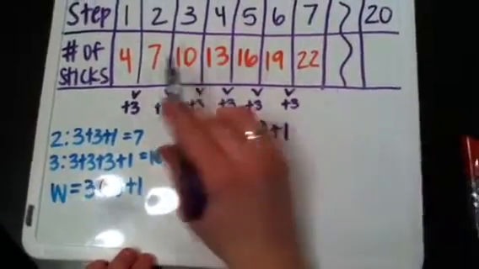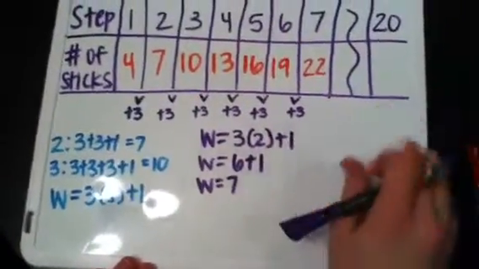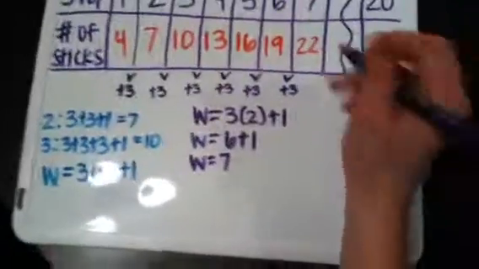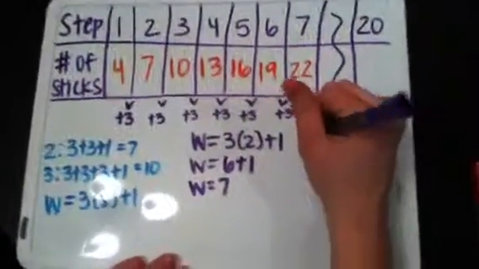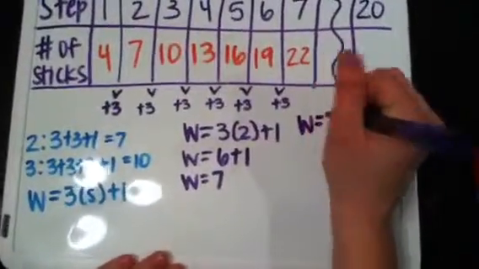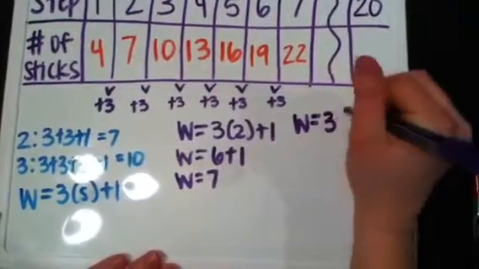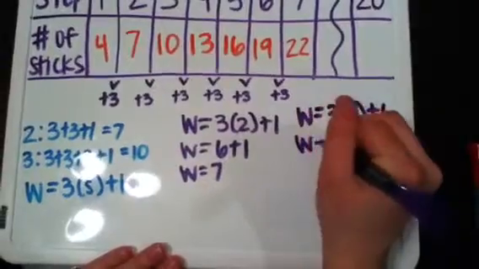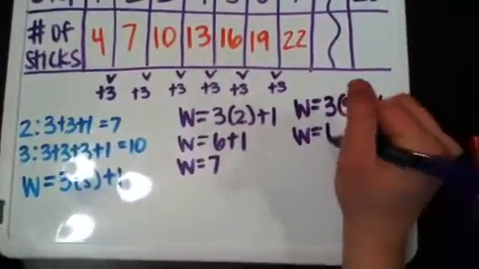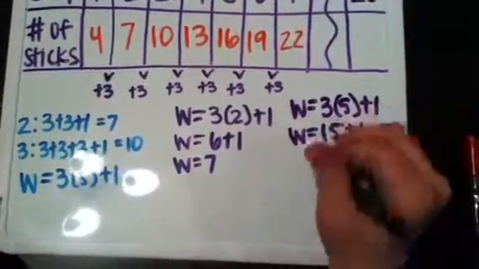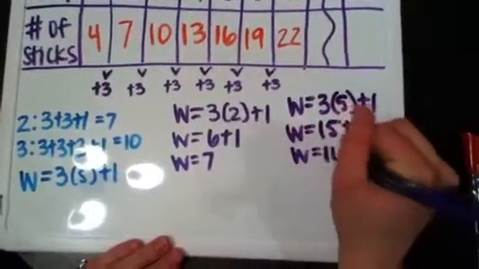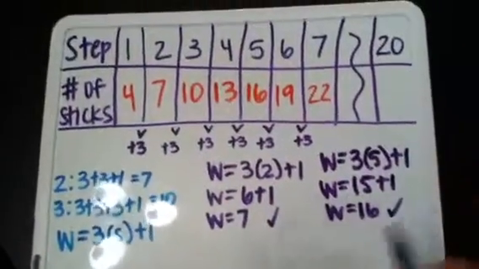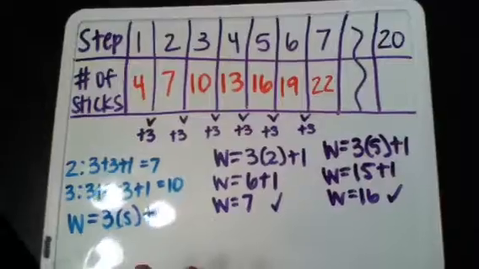So we know that we had 7 sticks. Now let's try a different number. Let's try 5. W equals 3 times 5 plus 1. 5 times 3 is 15, plus 1. W equals 16. So both of our equations check out.